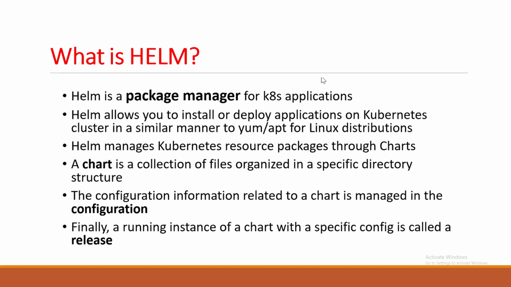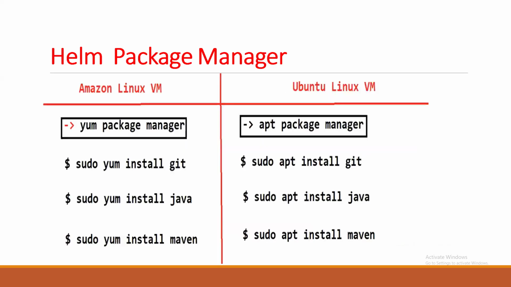A chart is a collection of files organized in a specific directory structure. The configuration information related to the chart is managed in the configuration. Finally, a running instance of a chart with a specific config is called a release.